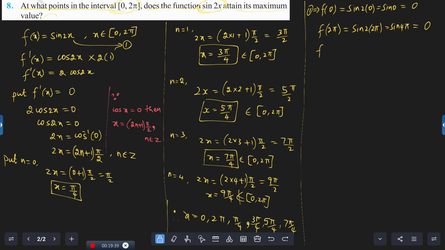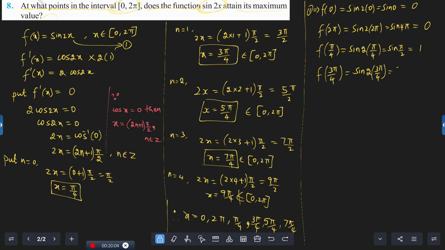Then f of pi by 4. Substituting, sine 2 into pi by 4, when you cancel 2 and 4, we get pi by 2, and sine pi by 2 means 1. Then again f of 3 pi by 4, which is sine 2 into 3 pi by 4.